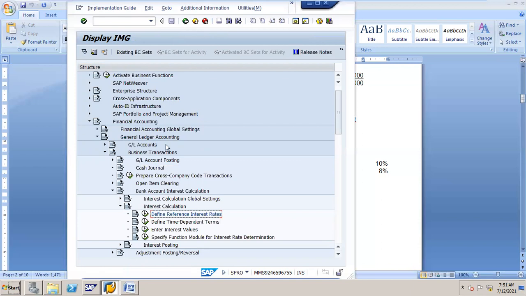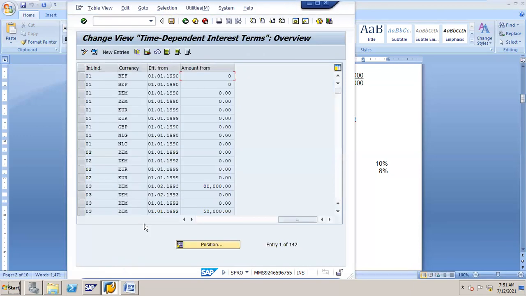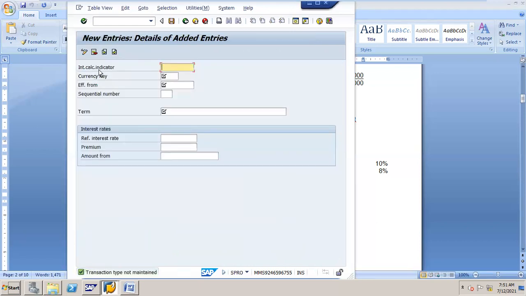So now what I'm doing is define time dependent terms. Here I select new entries. What is the interest calculation indicator? That is the main calculation indicator, JA. For this JA, the reference interest indicator, what is it? I just created JA1. What is this JA1?